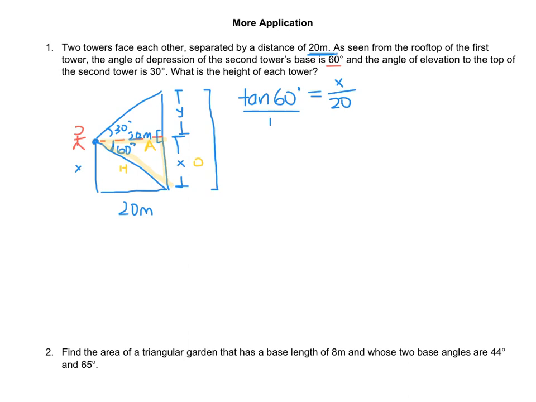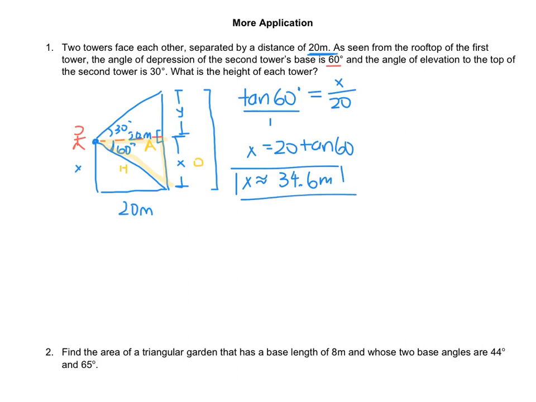Let's put the tan 60 over 1. And now we can cross multiply so that we end up multiplying 20 and tan 60. This will give us approximately 34.6 meters. So X is also the height of the smaller building. So there's one height ready to go.